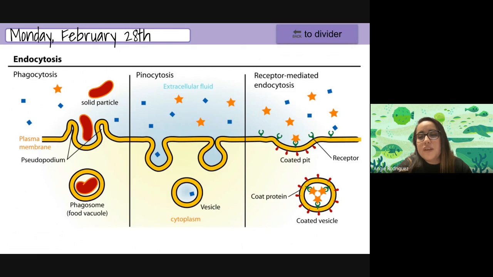For example, if the square molecules try to match up with this circle or half circle receptor, they're not going to fit really well. But look at, for example, the star molecules, these fit a little bit better. So these will be able to attach to the receptors on the plasma membrane of the cell. They're coming from the outside. And then it's going to create a little vesicle again, or a little pouch around it, and it's going to be taken into the cell and be used, right, for whatever reason that the cell needs it for.